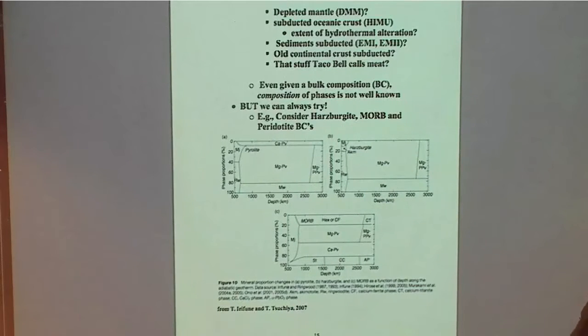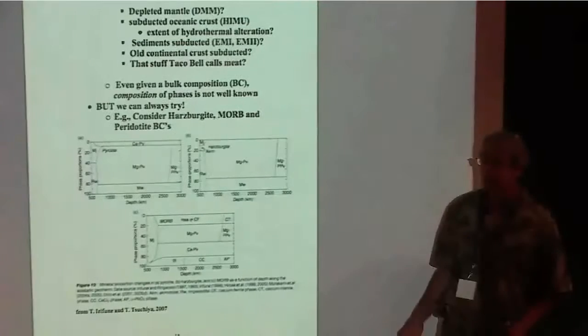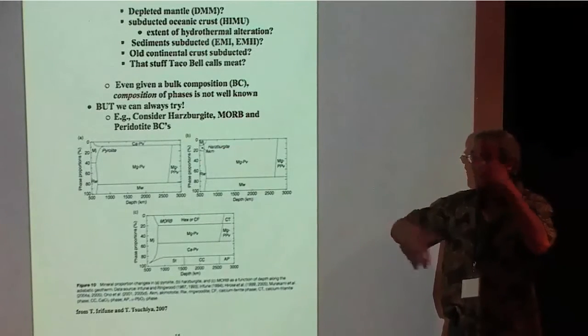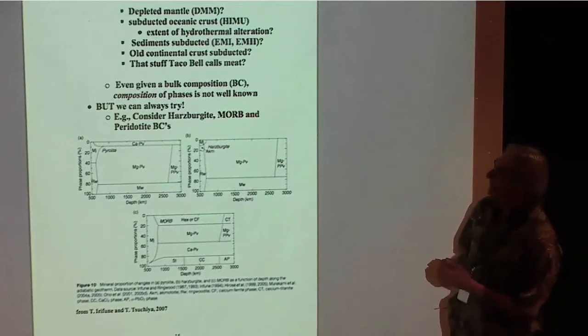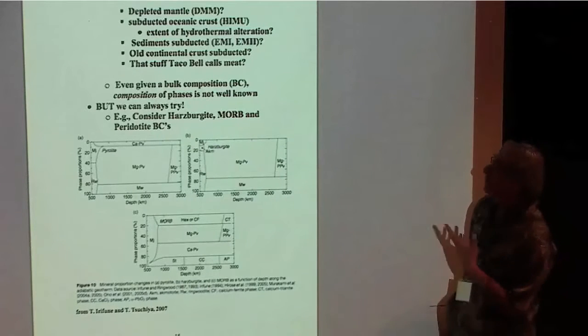Is it subducted oceanic crust, the so-called high mu reservoir? What about the extent of hydrothermal circulation in that crust, right? Been variably hydrothermally altered. So there are chemical changes occurring there, and that stuff goes down. What about sediments?